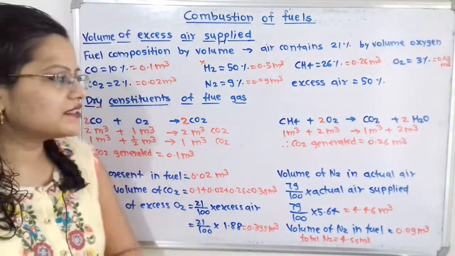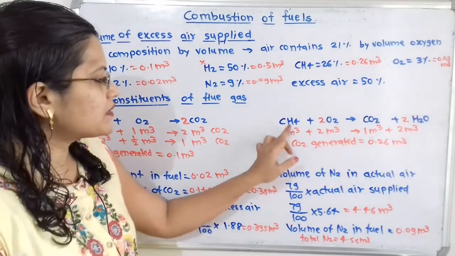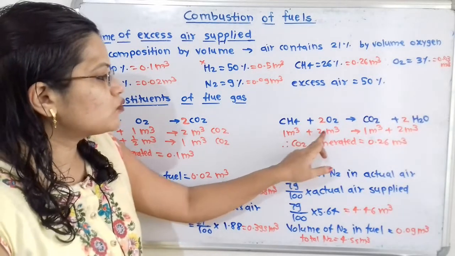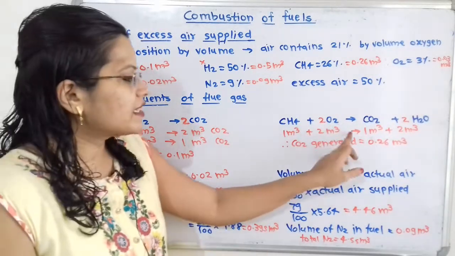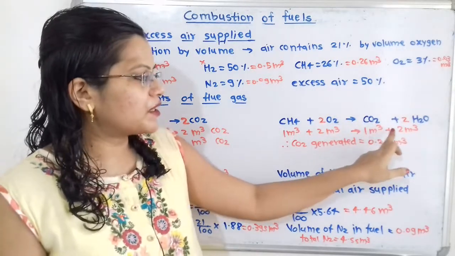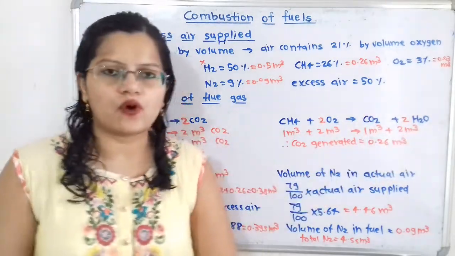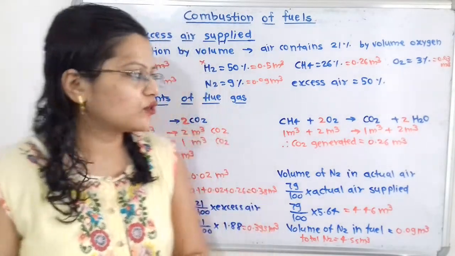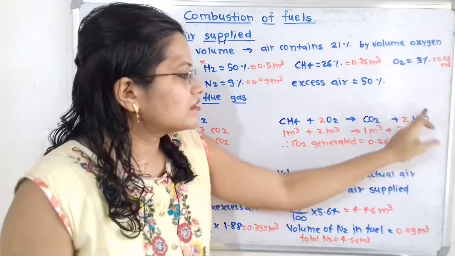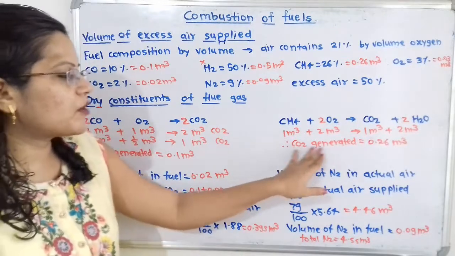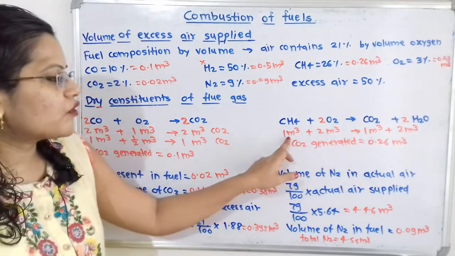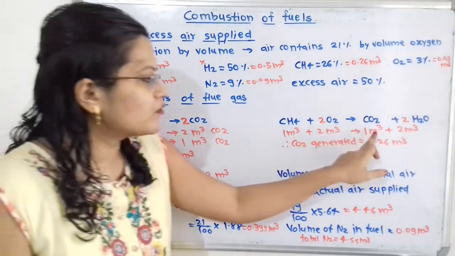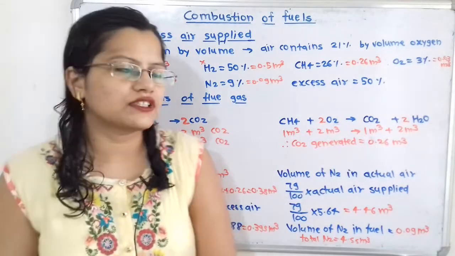Now we will write this in terms of volume: 1 meter cube of CH4 combines with 2 meter cube of oxygen and gives us 1 meter cube of carbon dioxide and 2 meter cube of water. But here we have to consider only dry constituents, so we will not consider this water. So what is the amount of CO2 generated? For 1 meter cube of CH4, 1 meter cube of CO2 is generated.